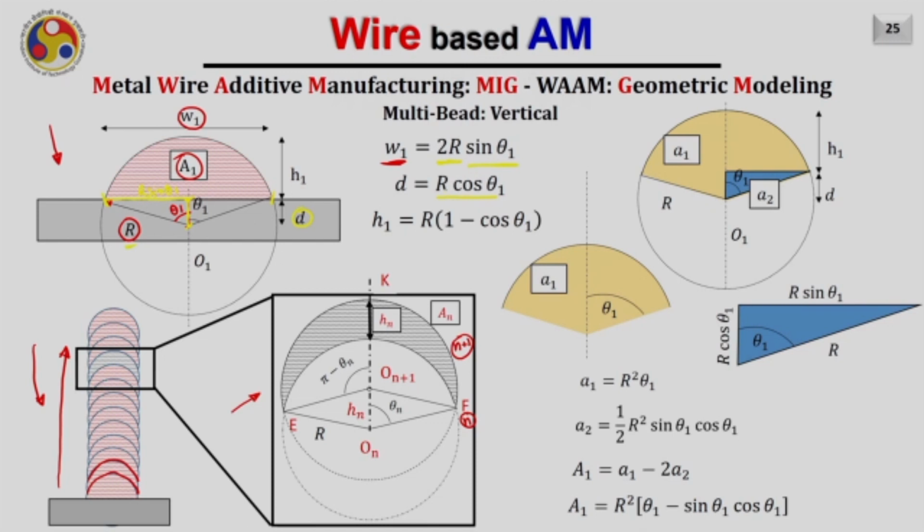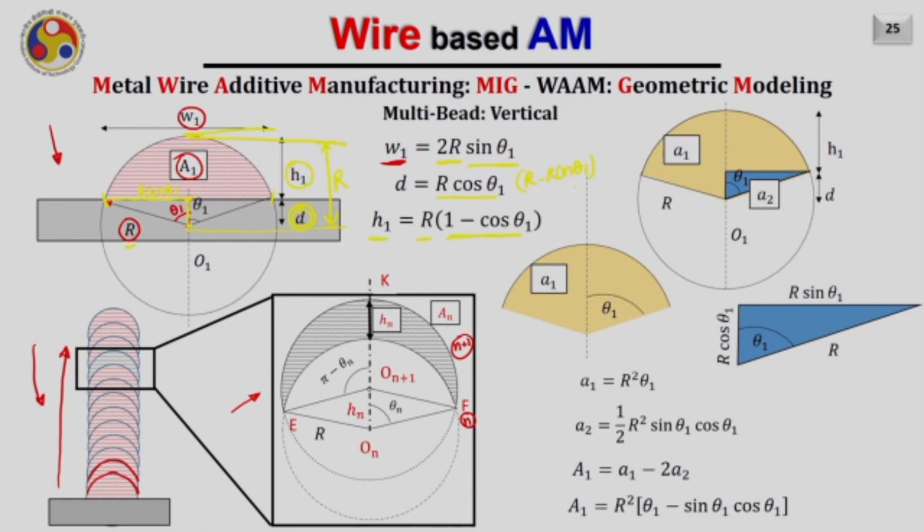Therefore, the height h1 can be easily calculated now. h1 will be the distance from here to here minus this distance D, and we know that this distance is R. So the height h1 will be equal to R minus R cos theta 1, hence h1 equals R(1 minus cos theta 1).